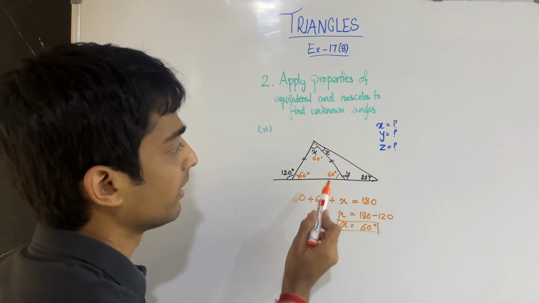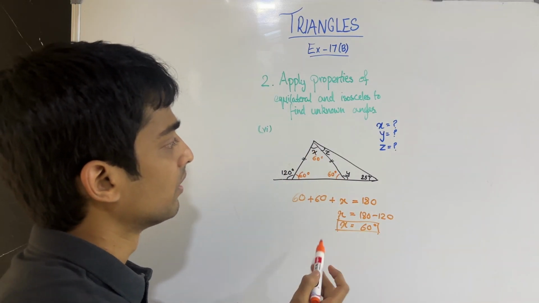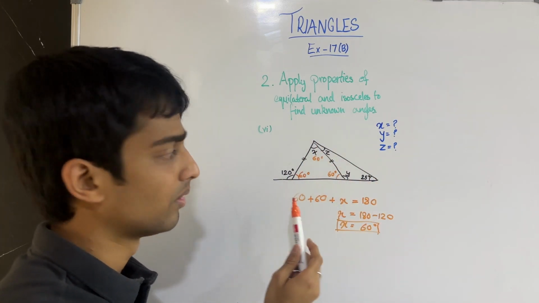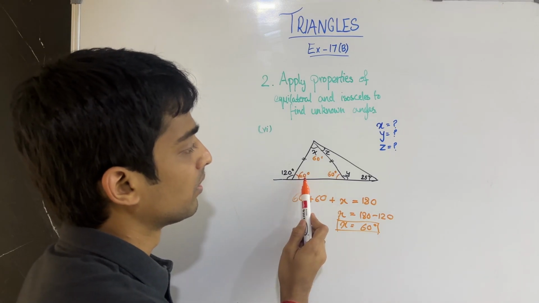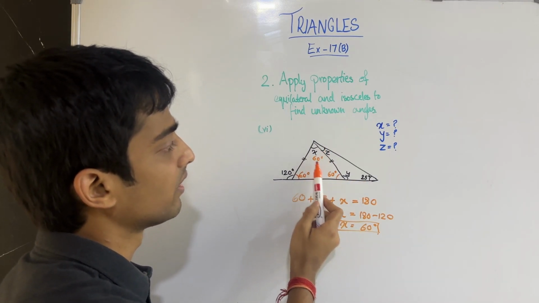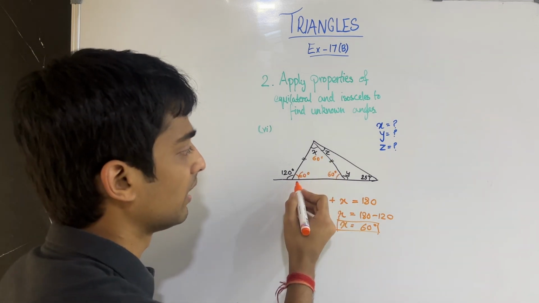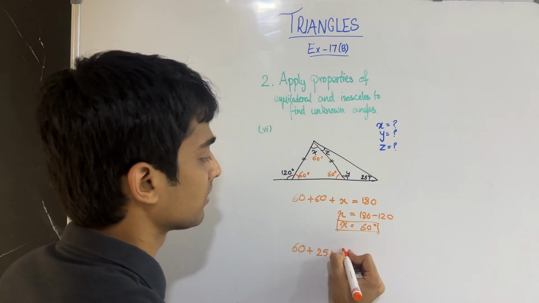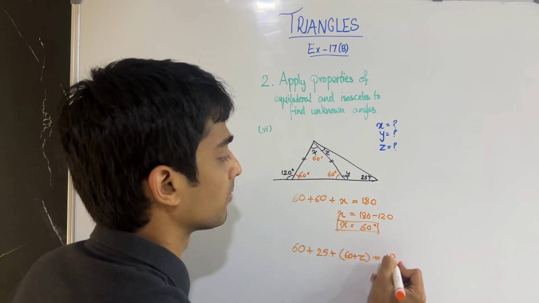Now we need Y and Z. What we will do is, we have two angles in this big triangle. We have two angles over here. We need to find the third one. So 60 plus 25, and let's call this 60 plus Z. This whole angle is 60 plus Z. So the third angle is 60 plus Z. So we'll add all the three angles, 60 plus 25 plus 60 plus Z equal to 180.